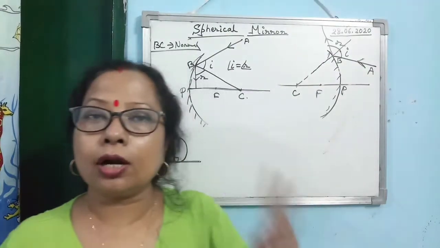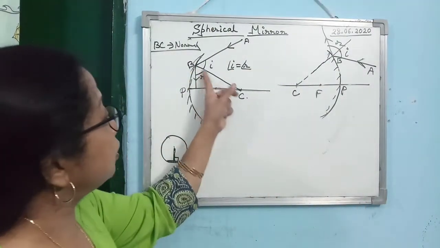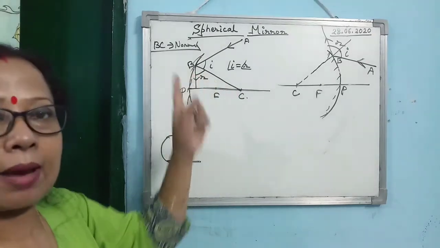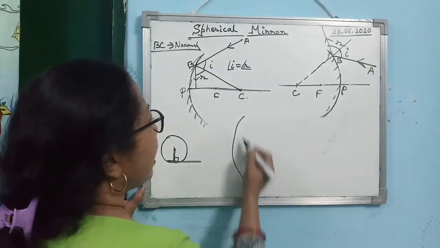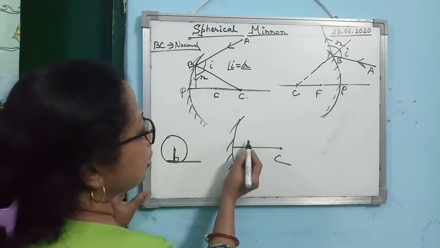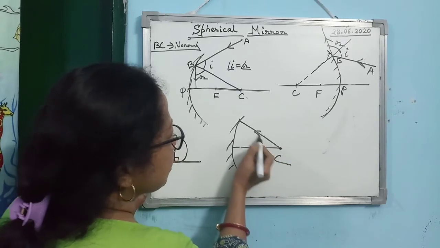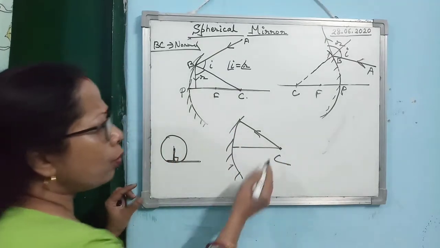Is that clear? So in this case we are getting two concepts. How to draw the normal, and any light ray passing through the center of curvature, what will happen? Suppose you are having a concave mirror and this is the center of curvature and the light ray is passing through the center of curvature. What does it mean?